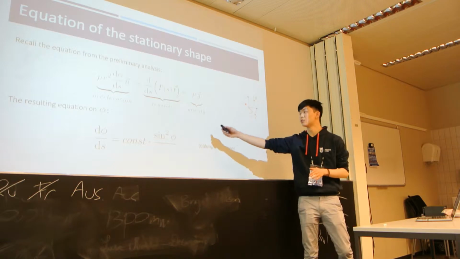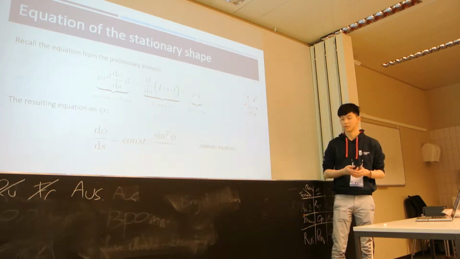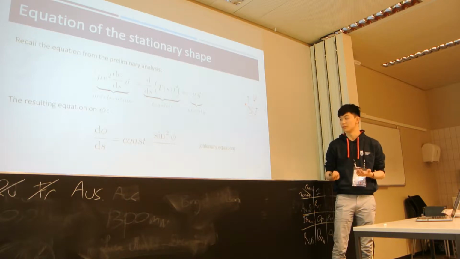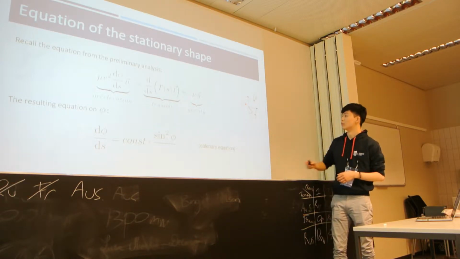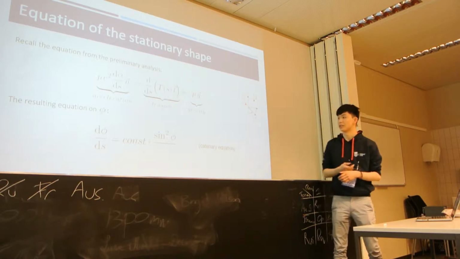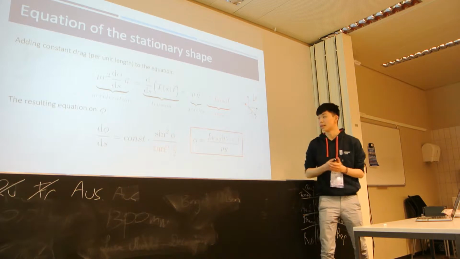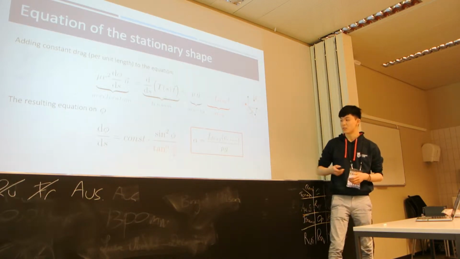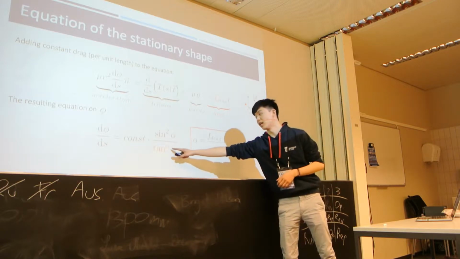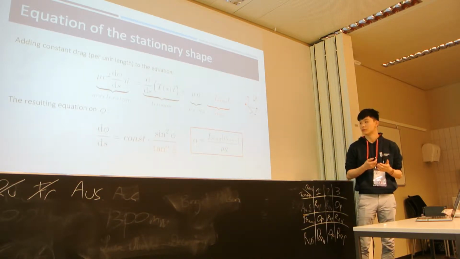So here we only put tension and gravity, and recall that we get a catenary equation that does not depend on the parameters mu and v, with phi being the angle of the tangent vector of the string with the vertical axis. However, if we put in drag per unit length in the equation, then our equation is modified and depends this time on a dimensionless number alpha, which compares the strength of the drag per unit length and gravity.